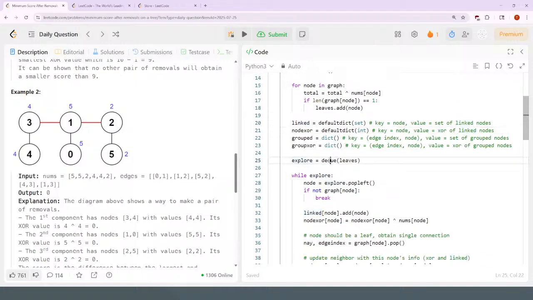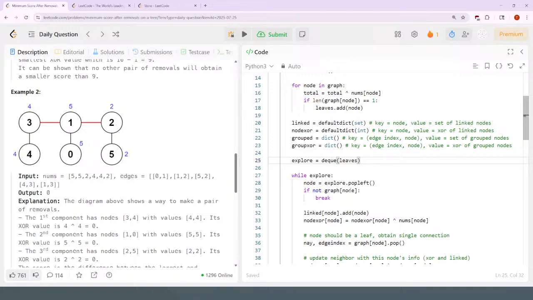So I'm going to start by creating a double-ended queue of the leaves. I'm going to process each leaf node, and during the processing of it, remove the connection between that node and its neighbors, such that some neighbor will eventually become a leaf node themselves because they only have leaf nodes as neighbors. So when those leaf nodes are removed, they only have one other connection that is not a leaf node.